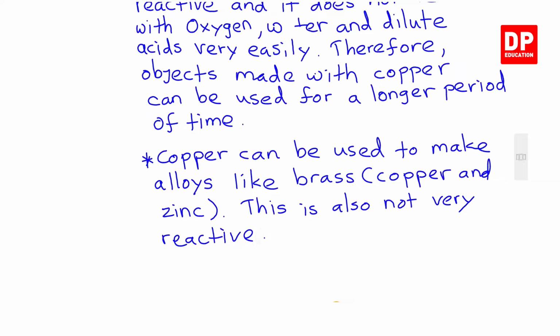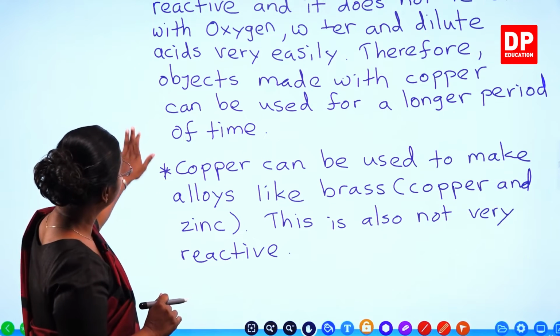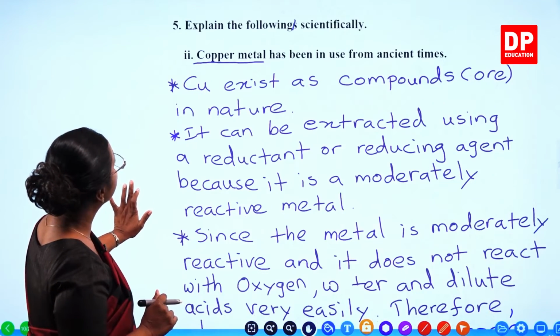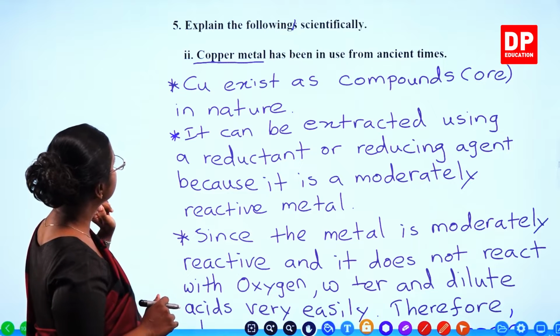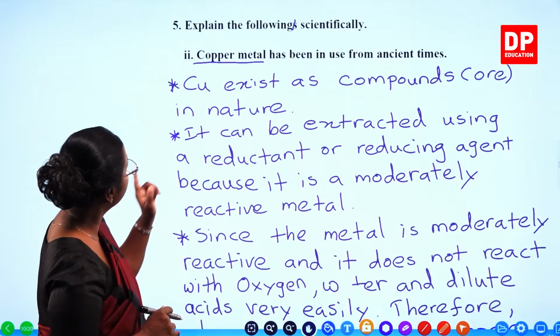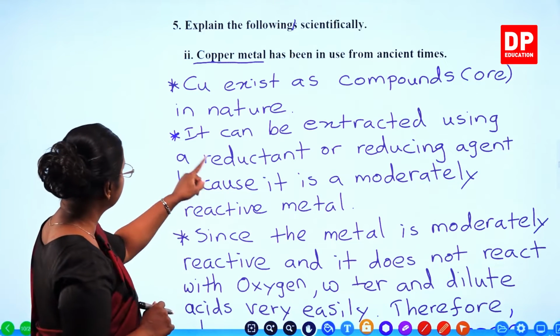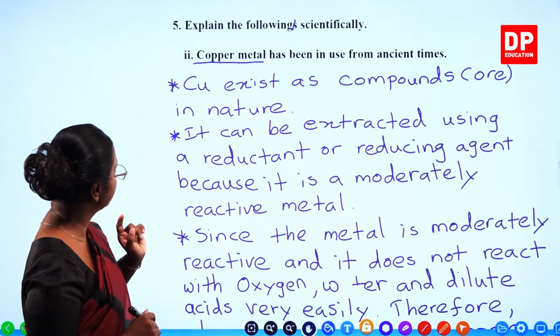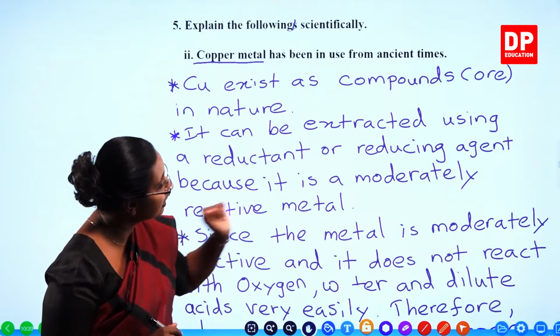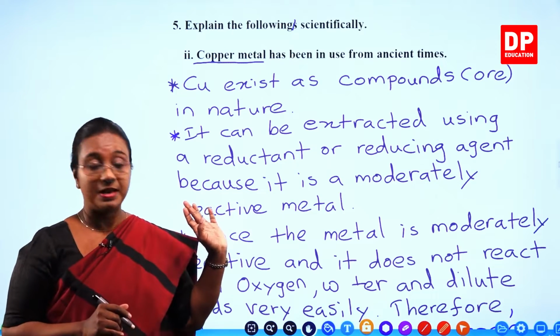So there are many reasons why we use copper. If we go back and go through the answer again, copper metal has been in use from ancient times. The reasons: copper exists as compounds, that is in ores in nature. It can be extracted using a reductant or a reducing agent because it is a moderately reactive metal.